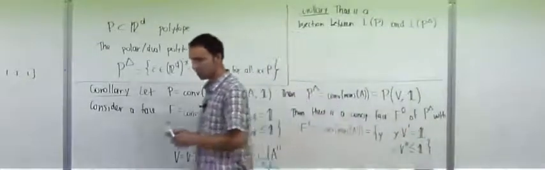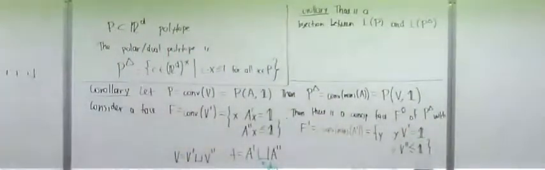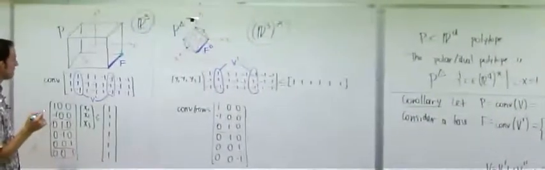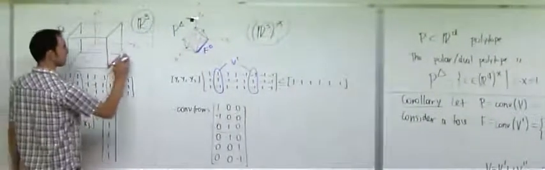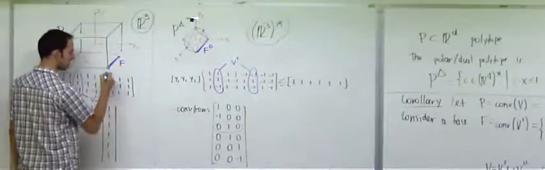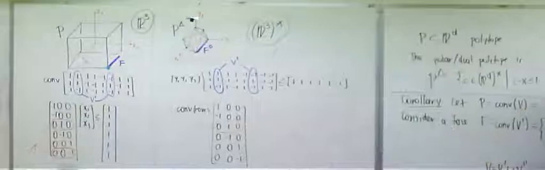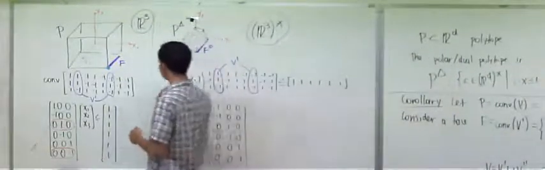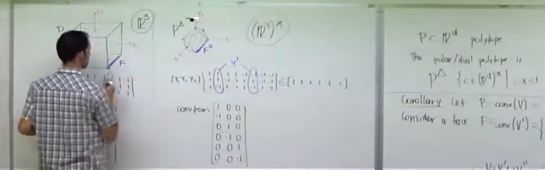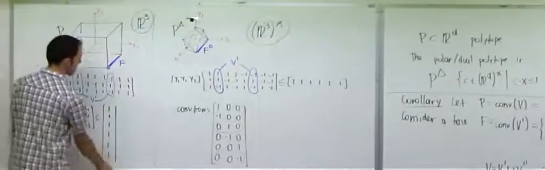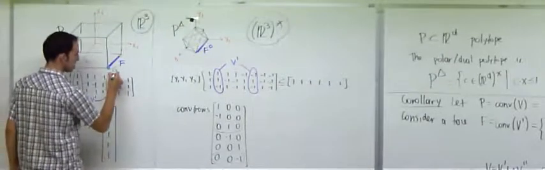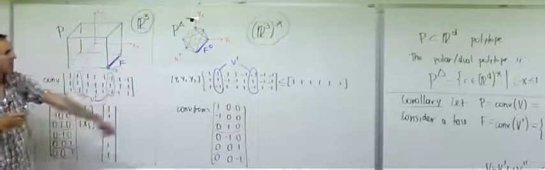But the other thing that I want to point out is that consider, for example, this vertex. Or maybe let's consider this one, because I'll actually draw the picture better if I choose this one. Consider that vertex and call it G. So what's the corresponding face there, F polar?